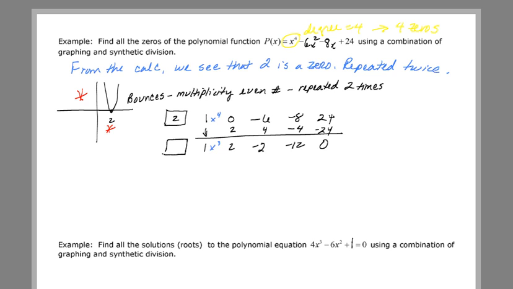I'll stop once I get to a quadratic, but since it bounced at the 2, and it means it repeats at least twice, I'm going to divide by the 2 again. Should get a remainder of 0. Let's check it out.